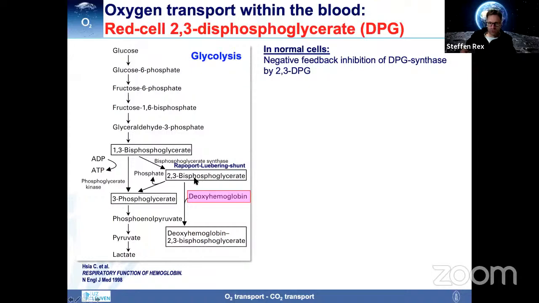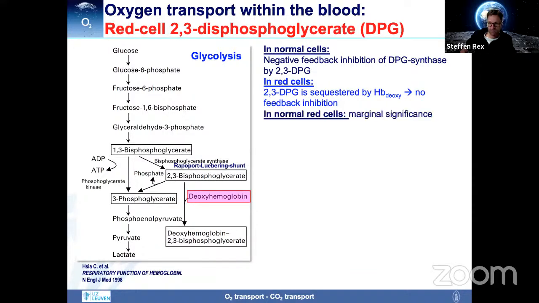Normally, this 2.3 DPG exerts a negative feedback inhibition on this enzyme and says, stop producing me. But in red cells, this 2.3 DPG is sequestered by deoxygenated hemoglobin, so there's no feedback inhibition.